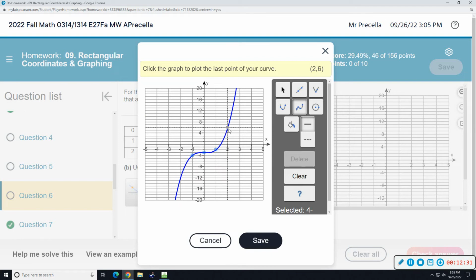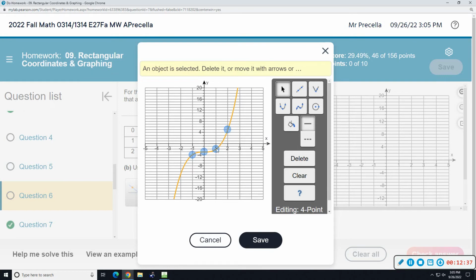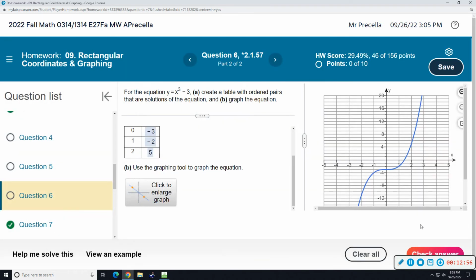Oh, no, that's not it. There. Is that it? 2, 5? Yes, it is. Notice the first 3 points, it sure looked like a line. But because of that cubing, when you take a number, especially if it's a number way out on the right or left of the x-axis, when you cube it, you're going to get a really big number. So, save, check answer.